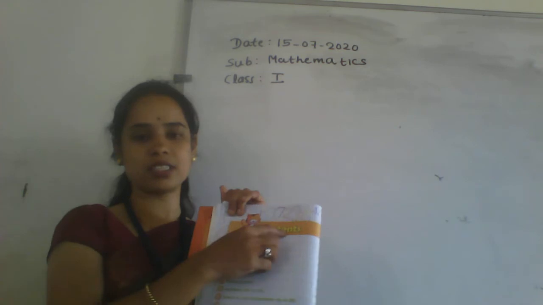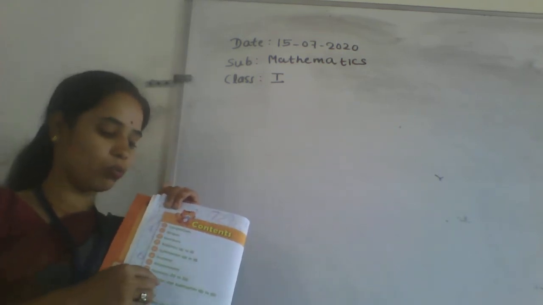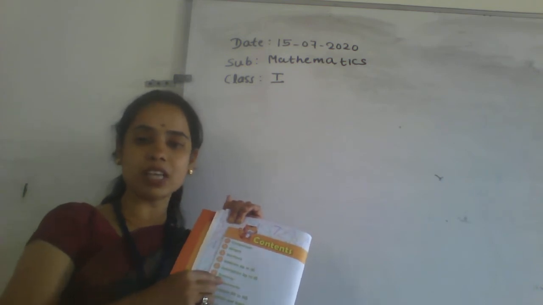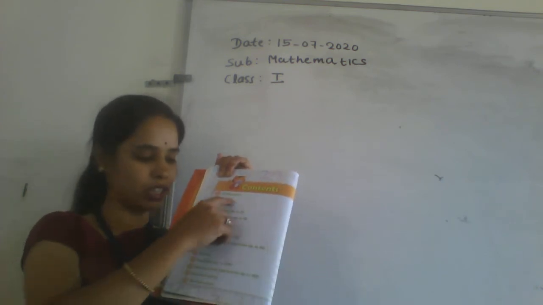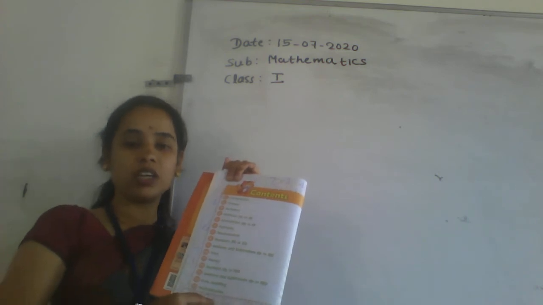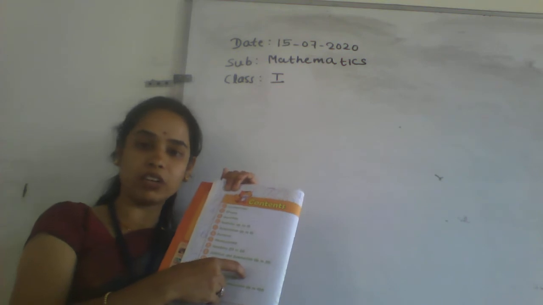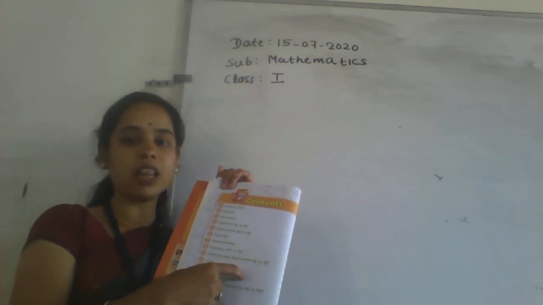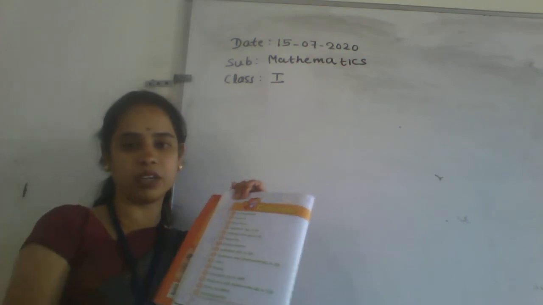It's the index or contents, nothing but what chapters are there. Which chapters are there in your textbook? They have given them here. Let me read all the chapters in your textbook. After that, I will continue with the first chapter, right?